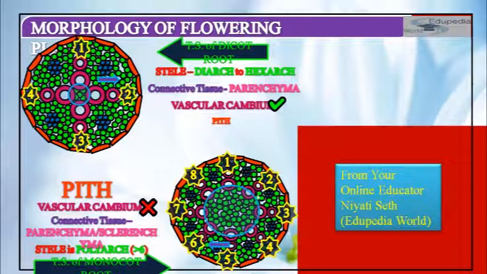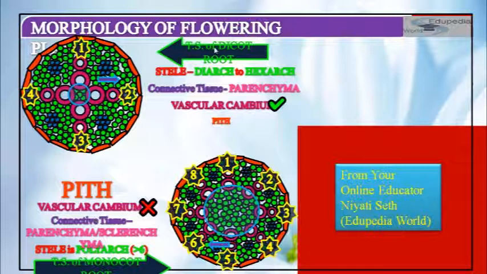Pith is large, as you can see, and very well developed in case of monocot root, and no secondary growth is seen in it. The conjunctive tissue is sclerenchymatous, so it does not produce vascular cambium. For example, Colocasia, Musa and maize. These are the 3 examples of the monocot root, students.